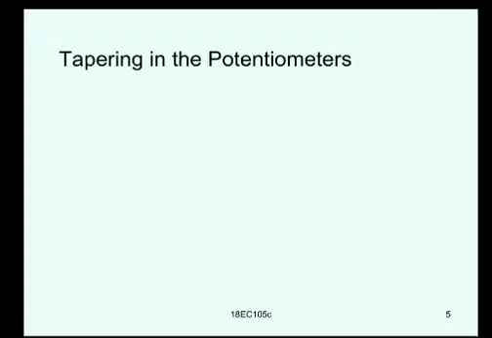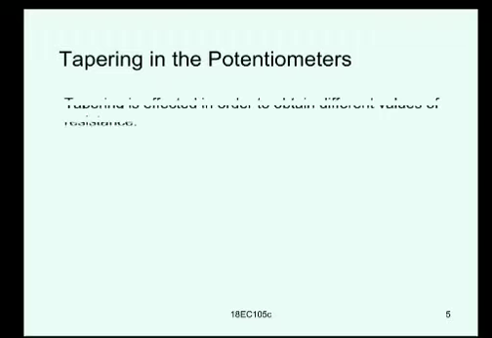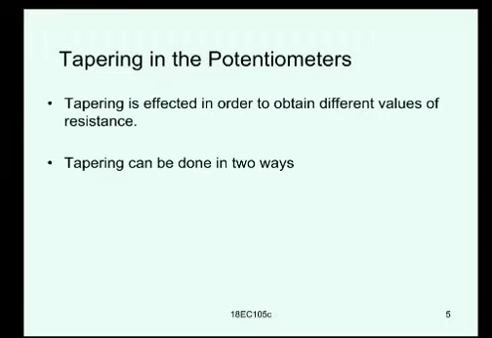Now let us see the tapering in potentiometers. The tapering is effected in order to obtain different values of resistance. Tapering means basically the change of resistance along the length of the shaft. Now this tapering can be done in two ways.